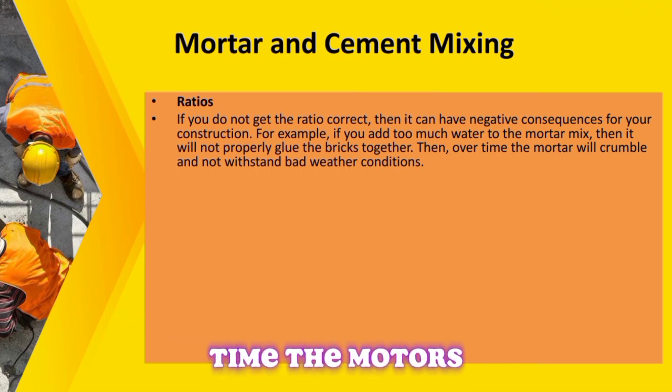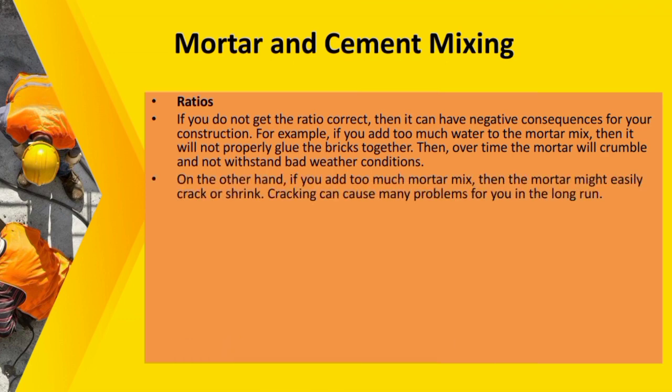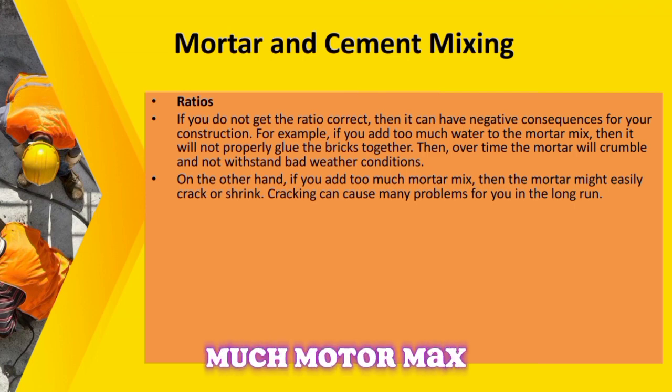Over time, the mortar will crumble and not withstand bad weather conditions. On the other hand, if you add too much mortar mix, the mortar might easily crack and shrink. The cracking can cause many problems in the long run.